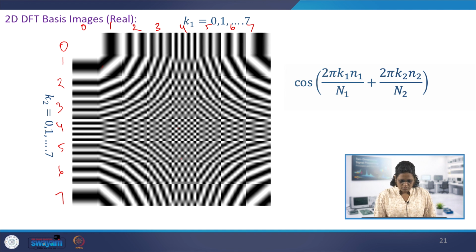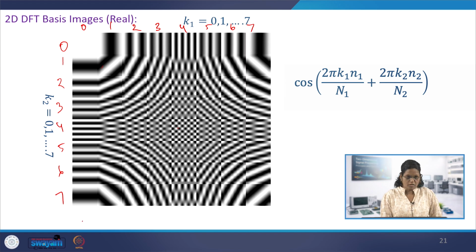It continues up to 7, and you can also see the property that after N by 2, which is 4, there is repetition, or redundant information, in the case of DFT. You can see the same thing repeating here as well as here, and this would repeat at 8.